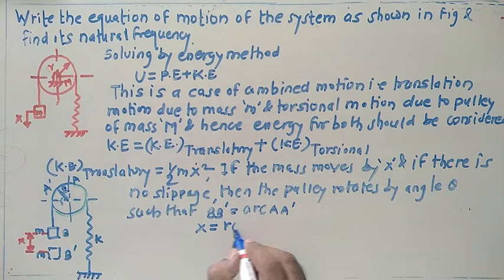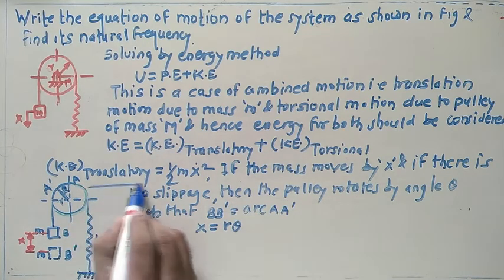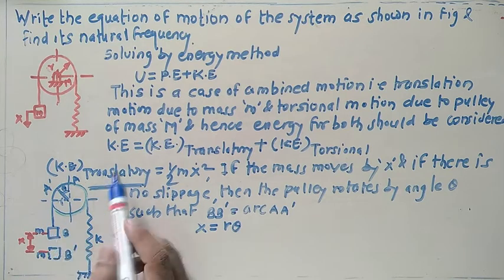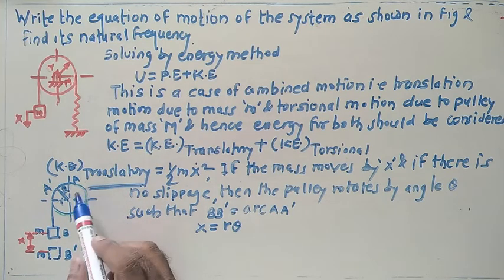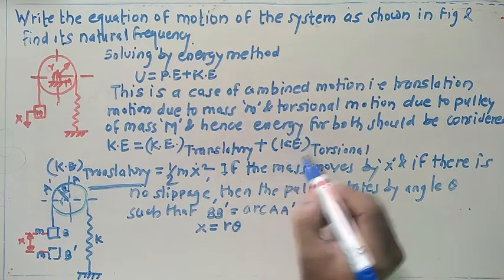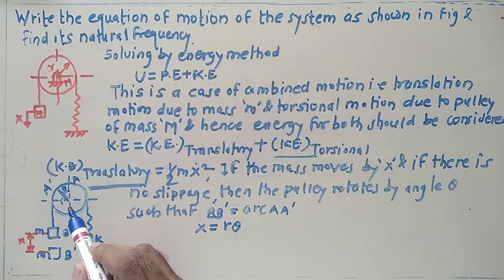So you can easily write x equals r theta. At the initial stage we already got the kinetic energy possessed by this mass because of its linear motion. Now our next target is to get the kinetic energy possessed by this pulley because of the torsional motion.